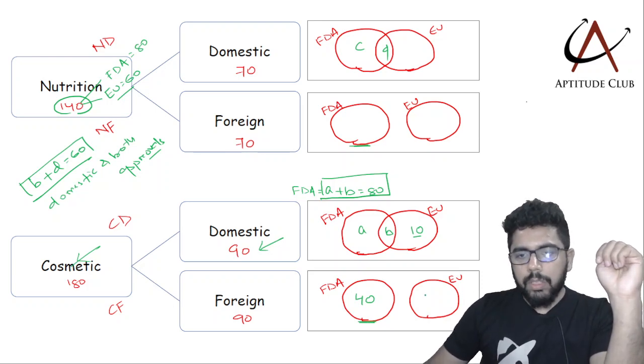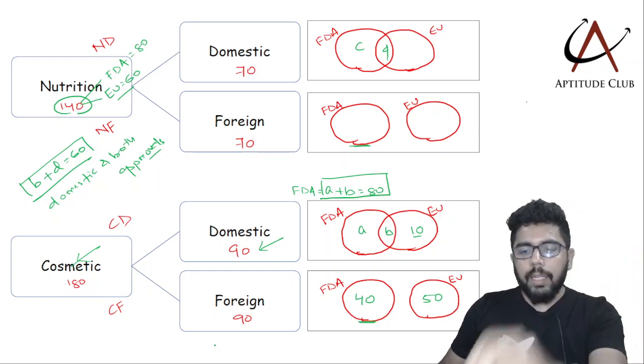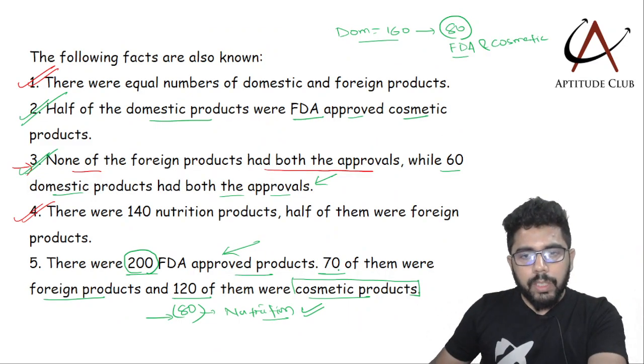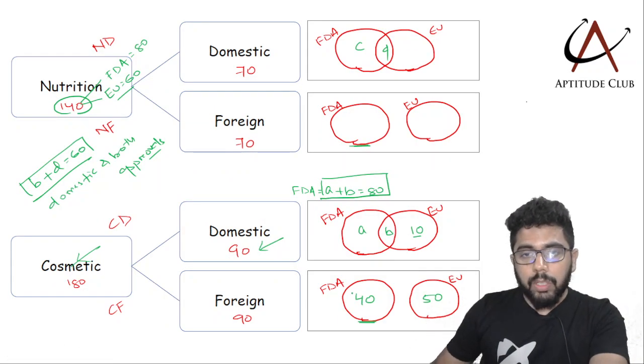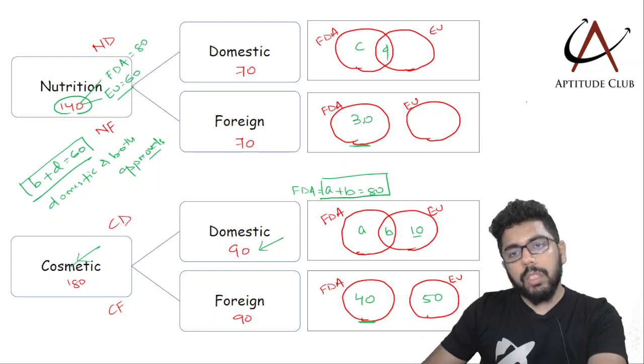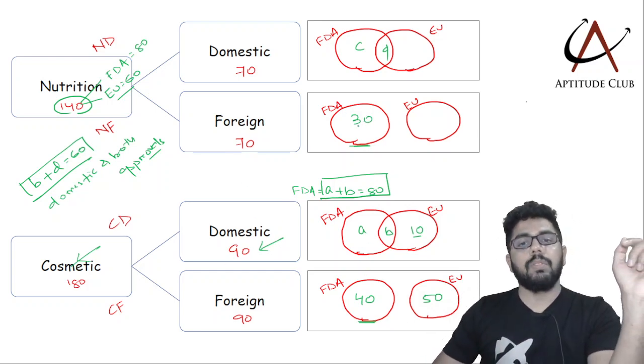Now if this is 40, this must be 50 because total foreign is 90. And I have got that total 70 of the products which are FDA approved are foreign products. So foreign here it is 40, so this should be 30. So that 30 plus 40, total 70 foreign products are FDA approved.